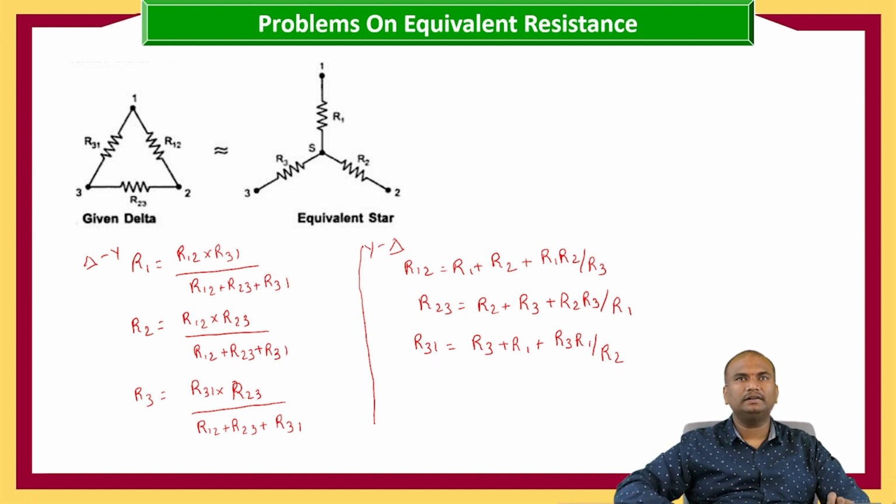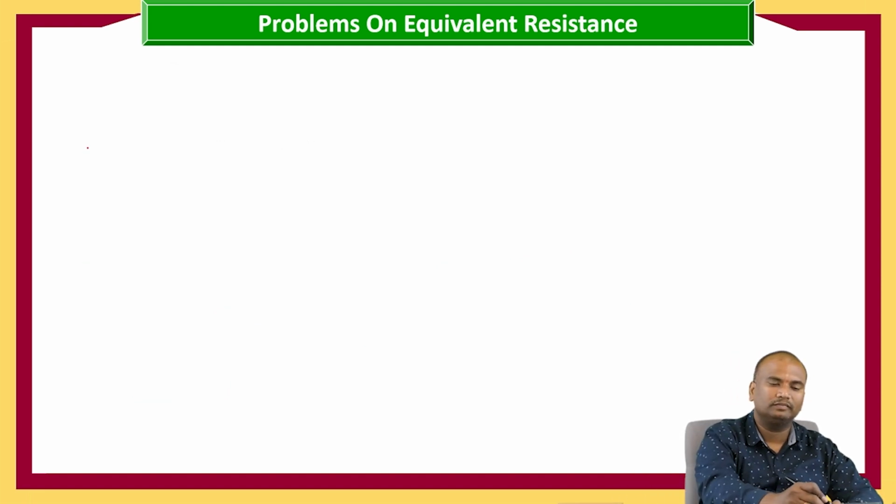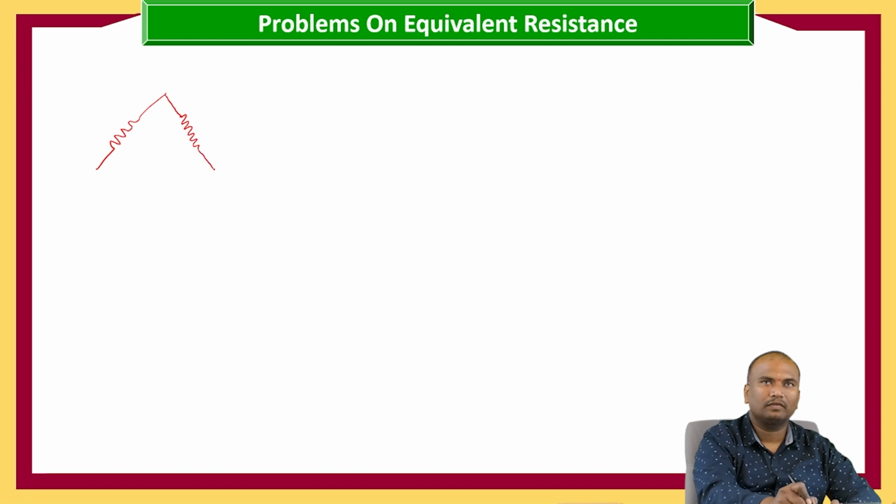Now let us take one delta values and let us calculate the star equivalent, and in the same way let us take the star value and calculate the delta equivalent. Ohms, 20 ohms, 5 ohms.